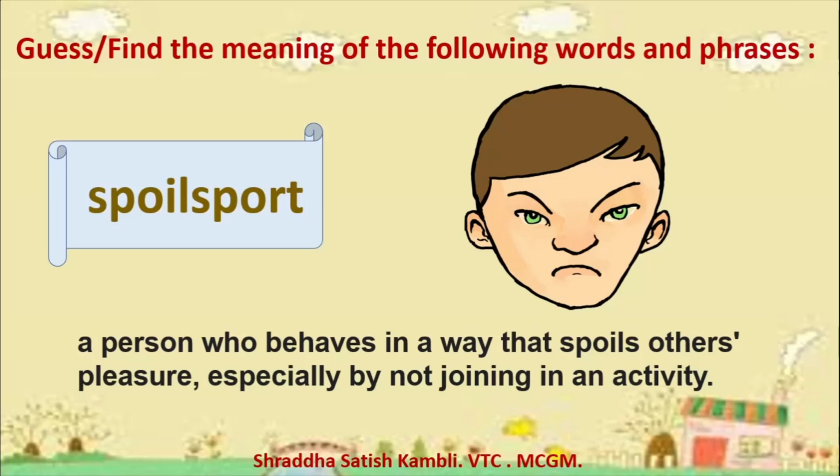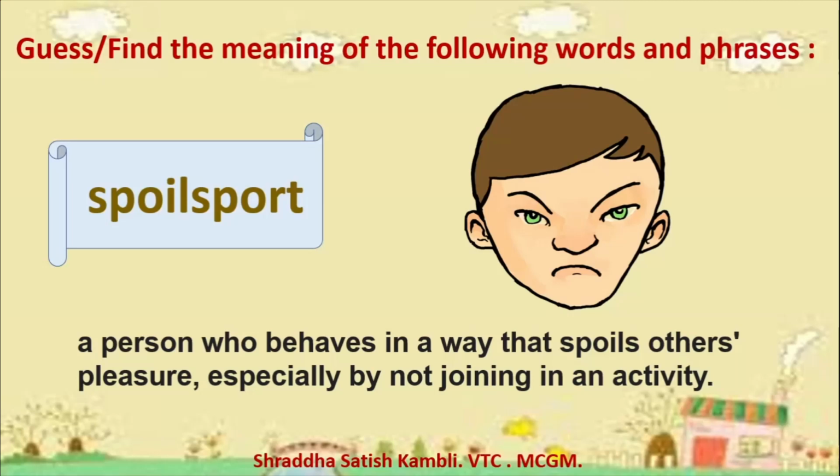Okay, so suppose you're having a party, and suppose you've gone out for a picnic, or you're having a sports event. Okay, and when everyone wants to have fun, there will be one person who behaves in such a way that everyone else gets disappointed. So that kind of a person is called a spoil sport.